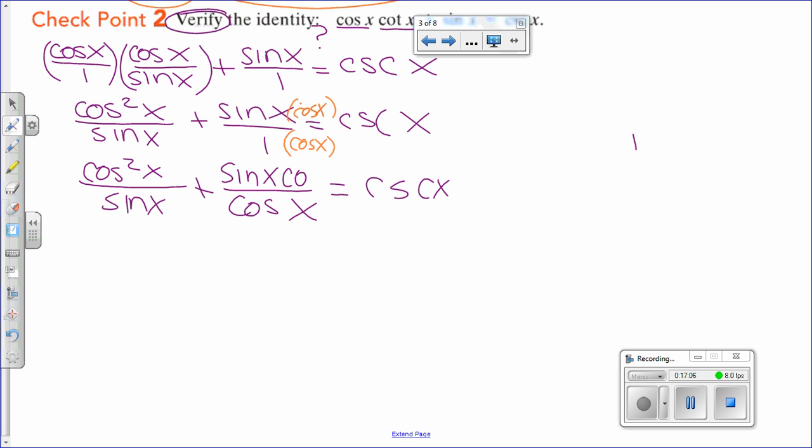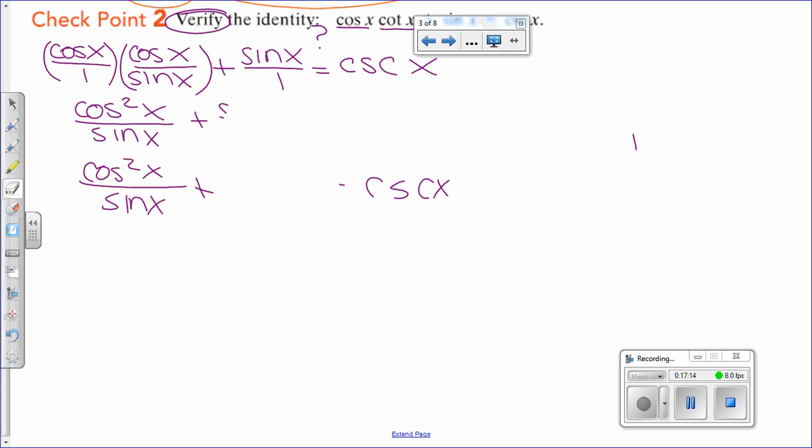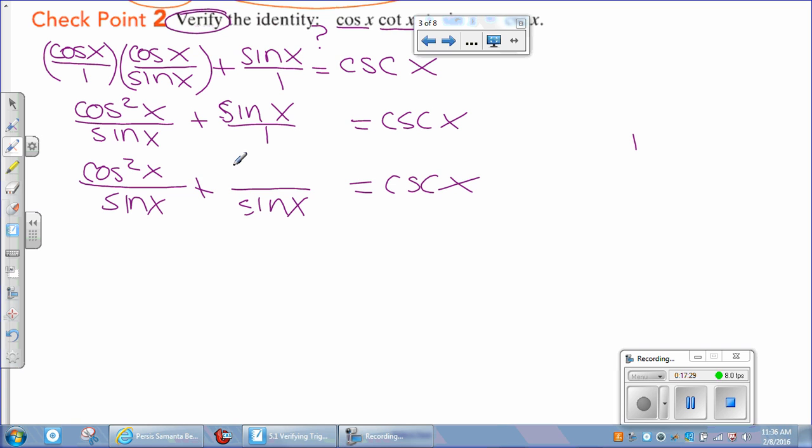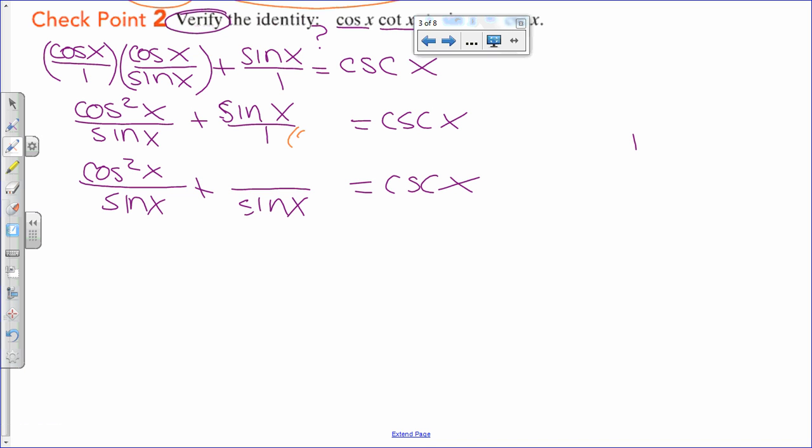Oh, I did something wrong. Very wrong. So our common denominator was sine, right? That was multiplied by cosine.